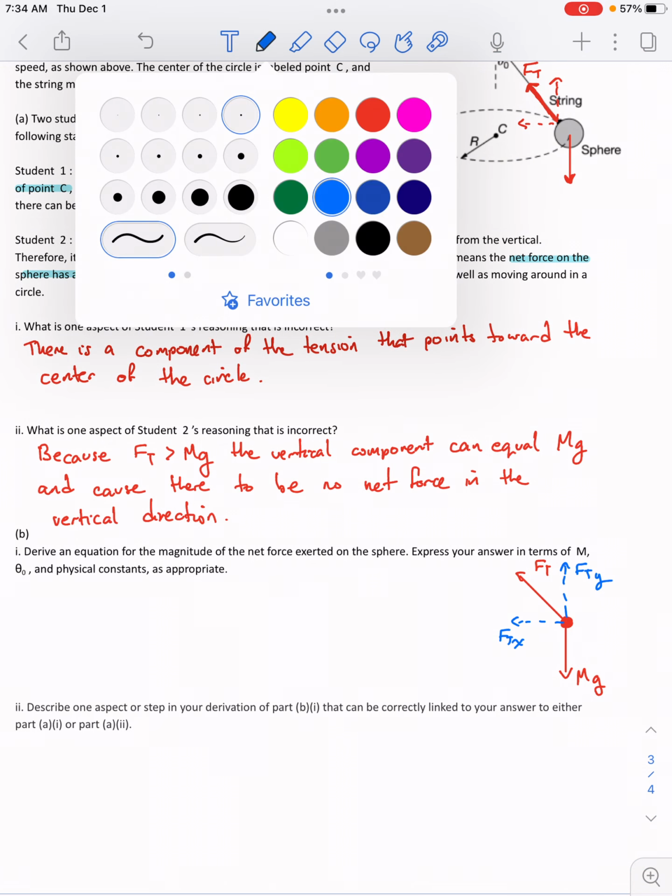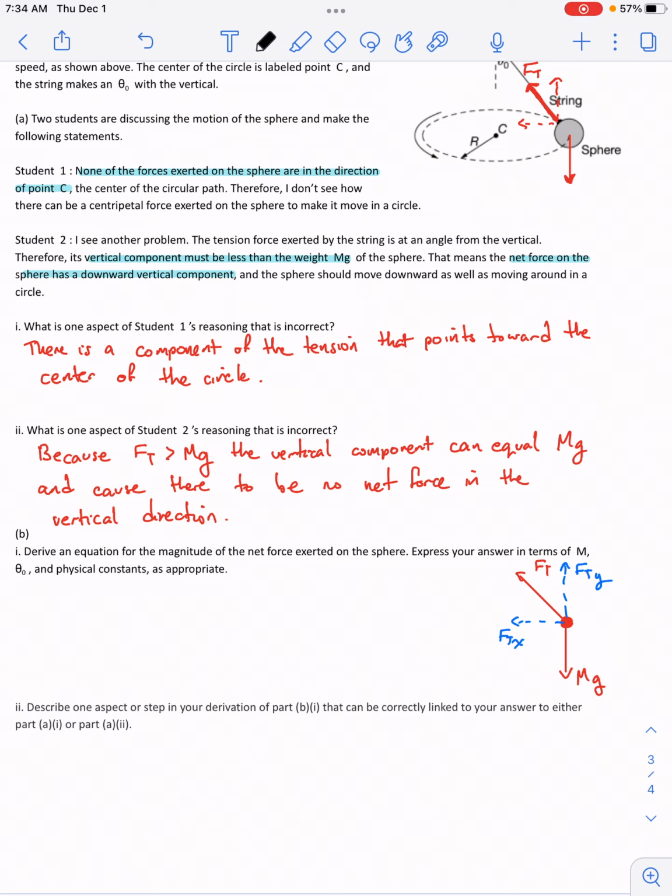So we have to write our equations for the net force, right? We know that there's no net force in the y direction, but that's still helpful information because Ft in the y direction minus mg should be equal to 0. So we can say that Ft in the y direction is equal to mg, right?